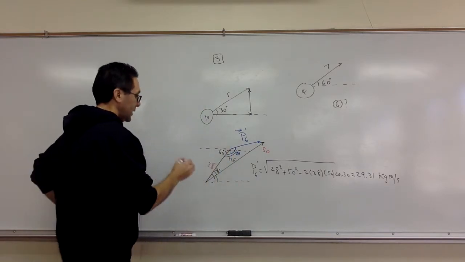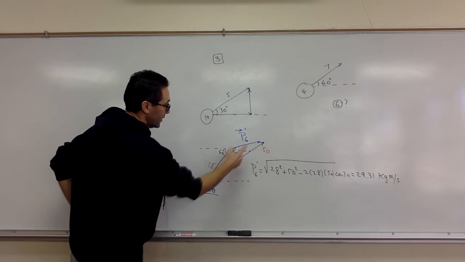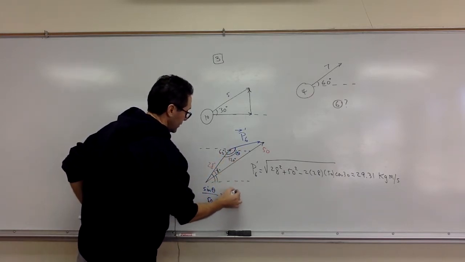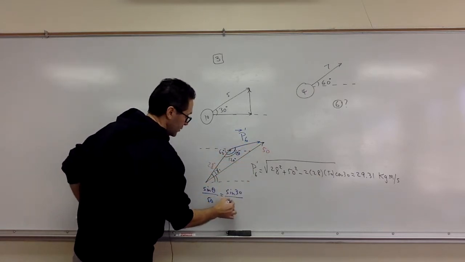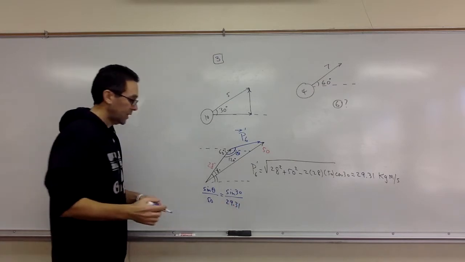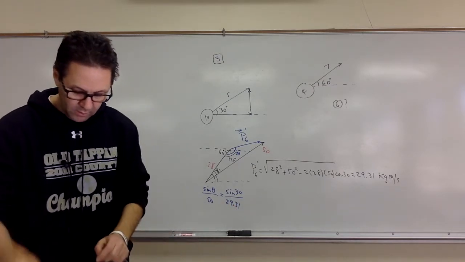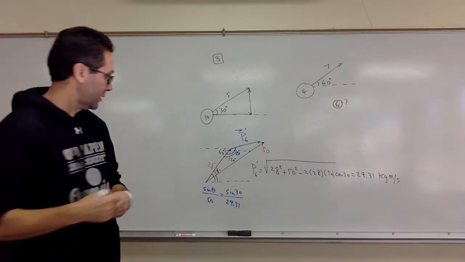Okay, so I can say, well, sine of theta over 50 equals sine of 30 over P6 prime, which is 29.31. And if you do the math here, you're going to find two things. Let me try it.